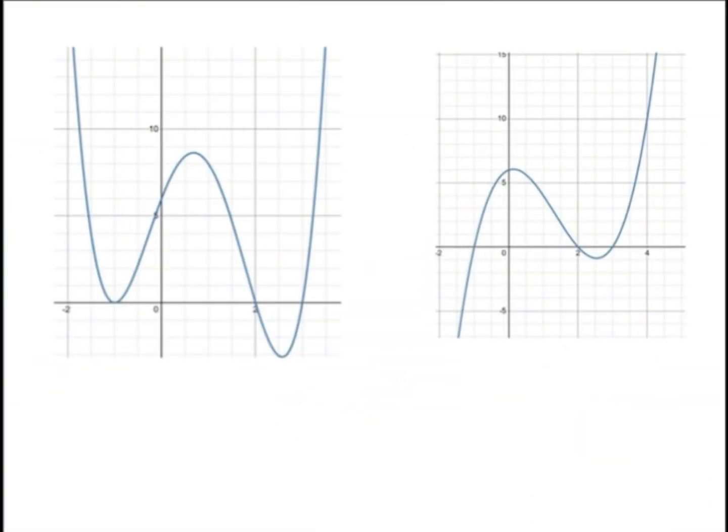Time for some practice problems. We have two polynomials shown graphed on the coordinate plane, and we're going to write the limit statements for both of them. So let's look at the left one first. The limit as x approaches infinity, f of x equals, so we see as x gets really big, f of x also gets really big, so it's infinity.